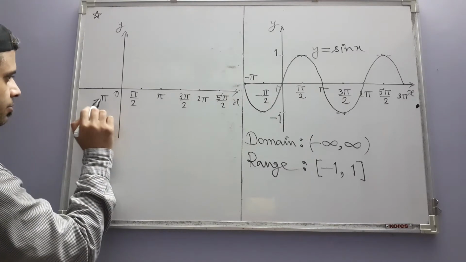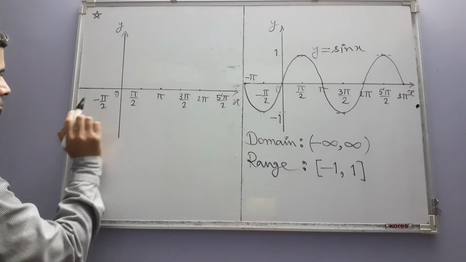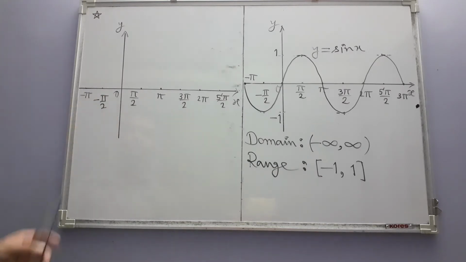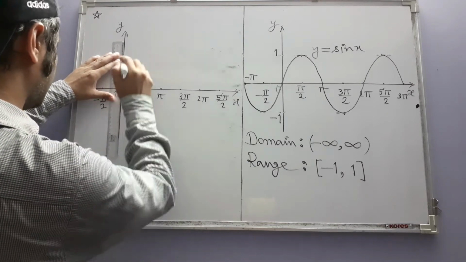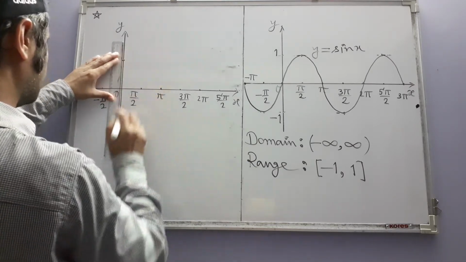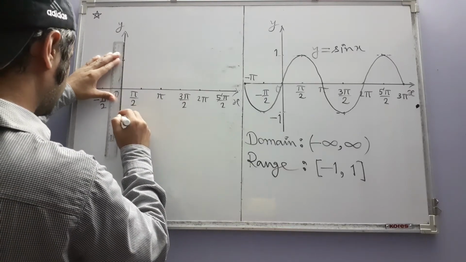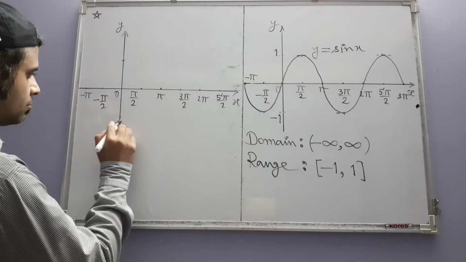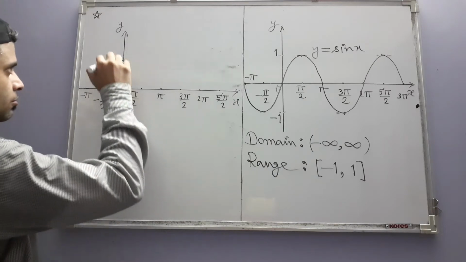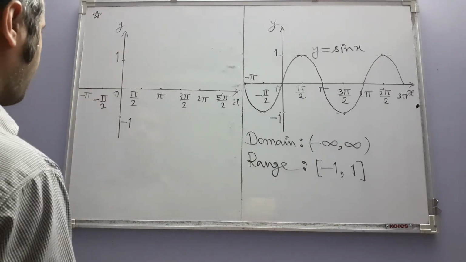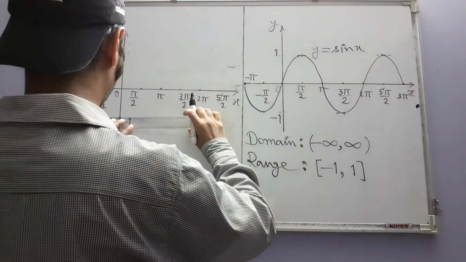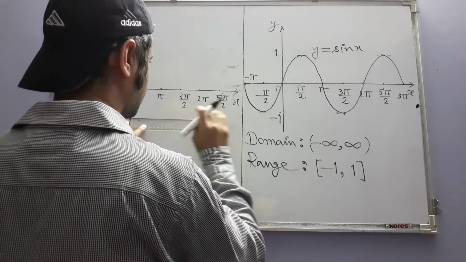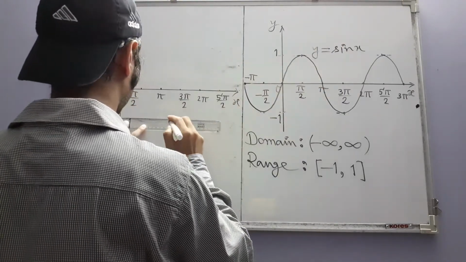And on this side minus pi divided by 2, minus pi, and so on. On the y-axis again we locate -1 and 1. This is 1. Since we already saw those lines, we are not going to do that again.